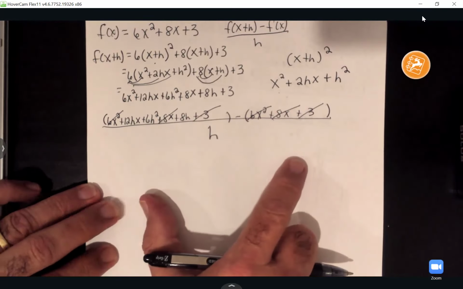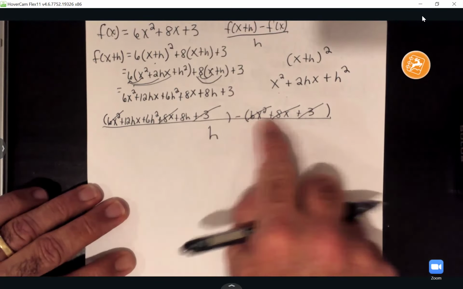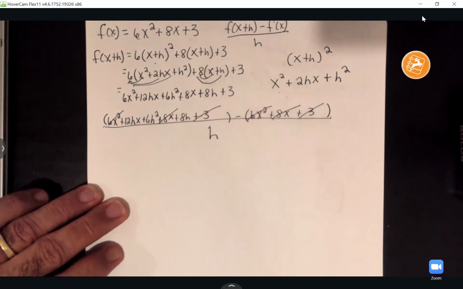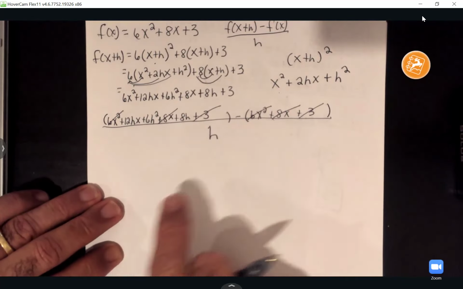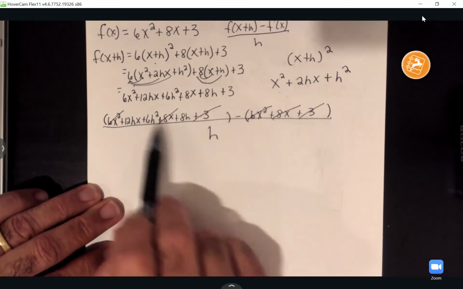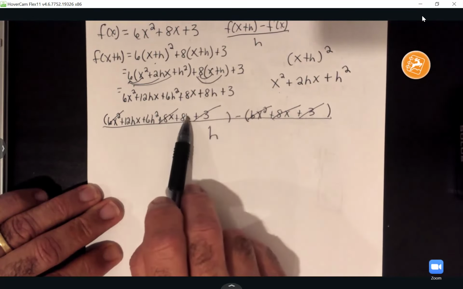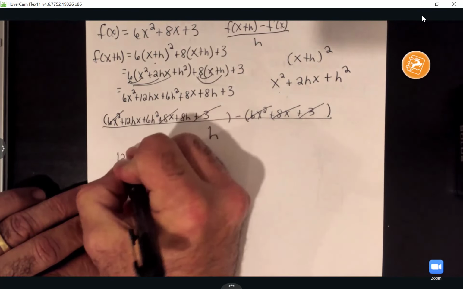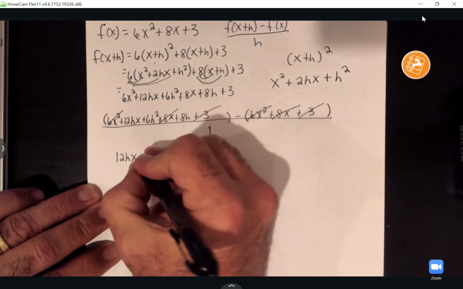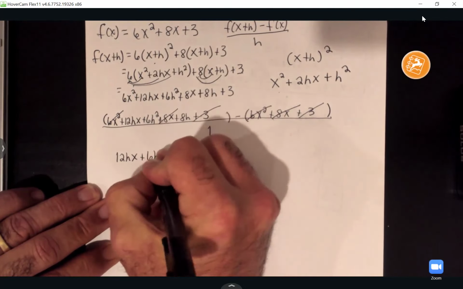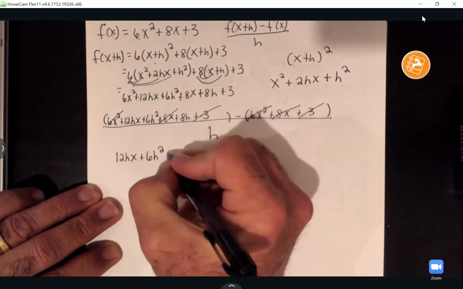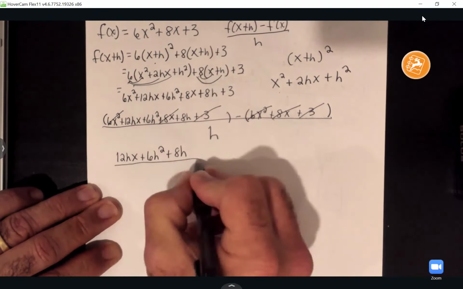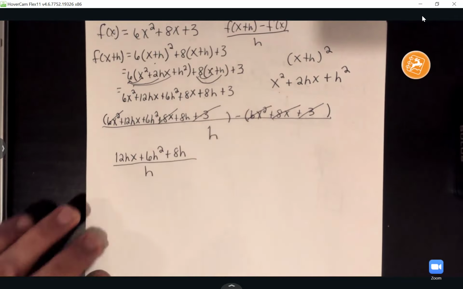So to save you some time, everything here is going to cancel with itself over here, or its opposite. Remember, everything that's going to be left has to have an h in it. So I got a 12hx plus the 6h squared plus the 8h all over h.